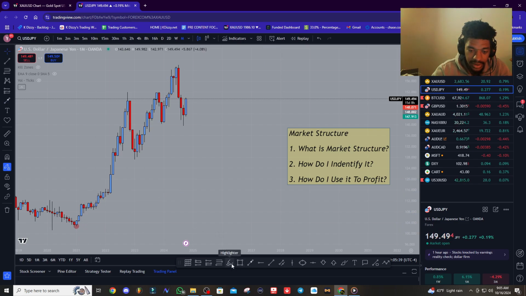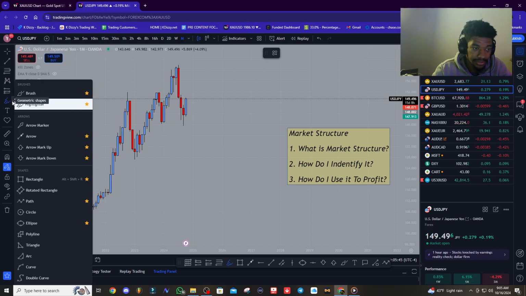So I'm gonna grab my highlighter. You can grab yours on the left hand side, and you can go right here. It'll probably show a brush, but you can click the arrow and find a bunch more stuff. These are all shapes and tools to help you draw on your chart. It lightens the day.